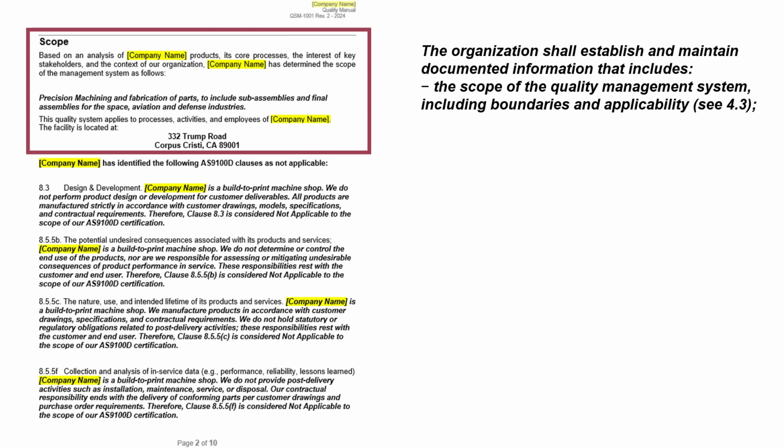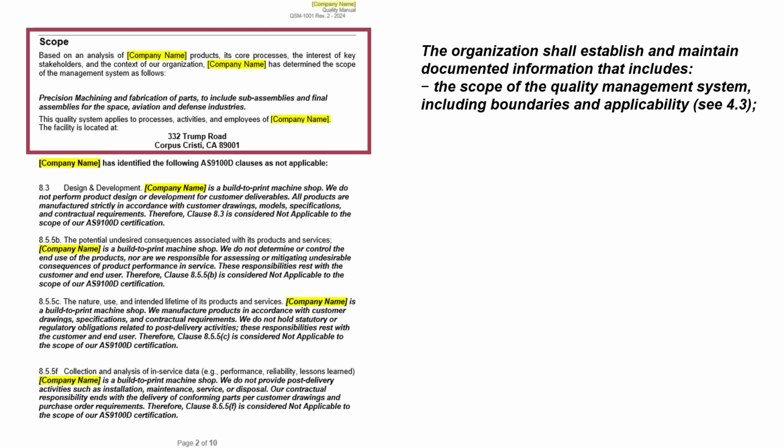In this example: precision machining and fabrication of parts to include subassemblies and final assemblies for the space, aviation, and defense industries. This quality system applies to processes, activities, and employees of blank company. The facility is located at this fictitious address that I put in here for you.